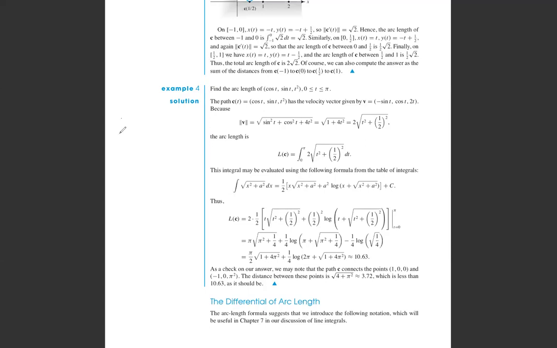So in this case, your x1 is cosine t. So x1 prime, the derivative with regard to t, is minus sine t. Your x2 is sine t.